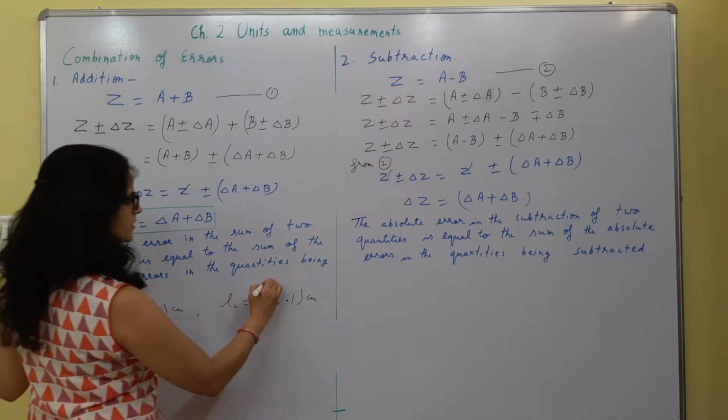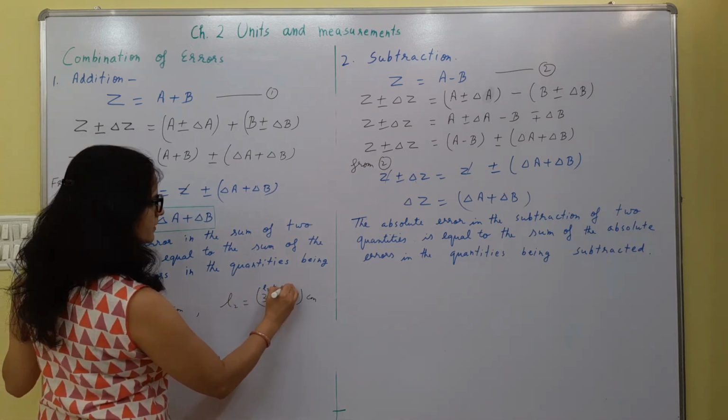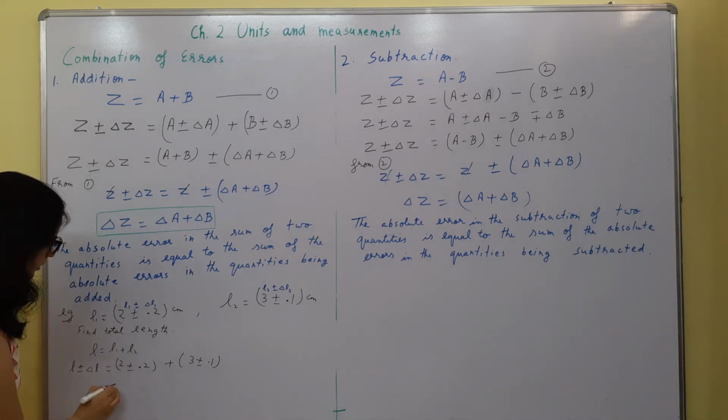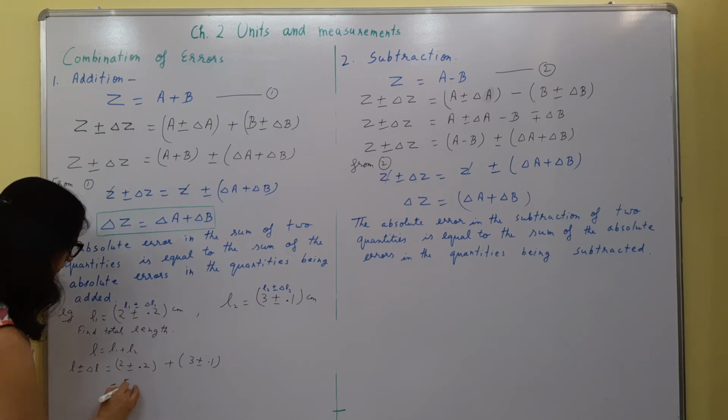This can be considered L2 plus minus delta L2. So I hope this is clear. If these are having errors, these are written like this. So there will be an error in this quantity like this. So this will be 3 plus 2, 5 plus minus 0.2 plus 0.1. So this gives me 5 plus minus 0.3 centimeter.